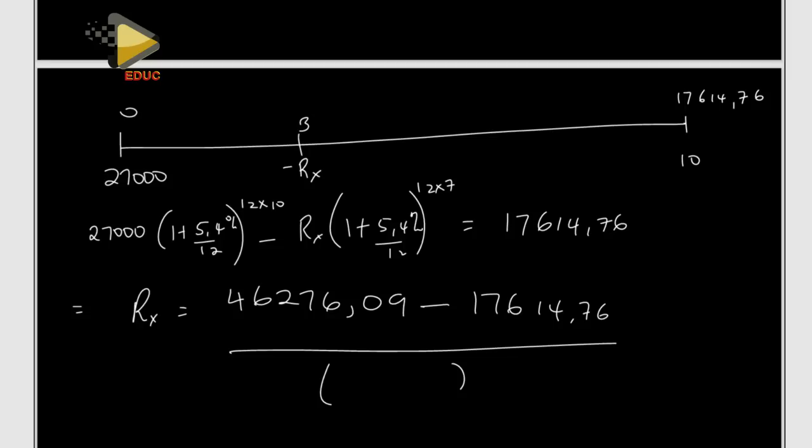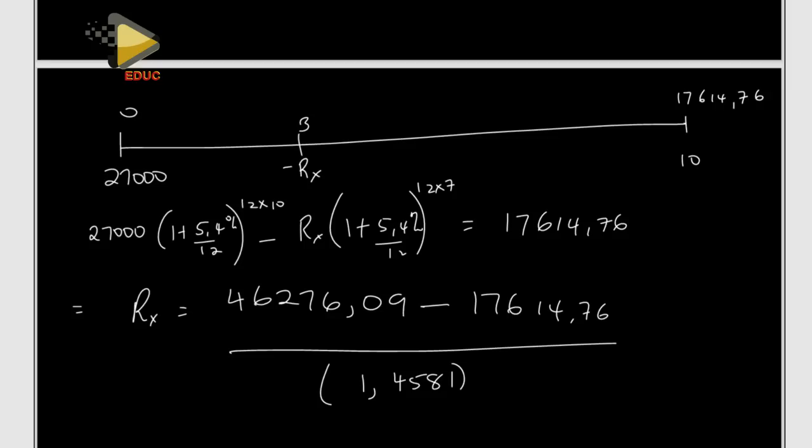Okay, so this is giving me 1.4581. If I do the subtraction and the computation, 46,276.09 minus 17,614.76, I'm dividing it by 1.4581.